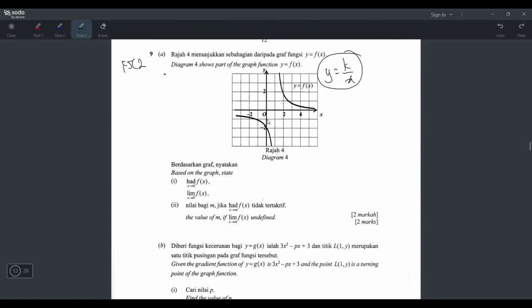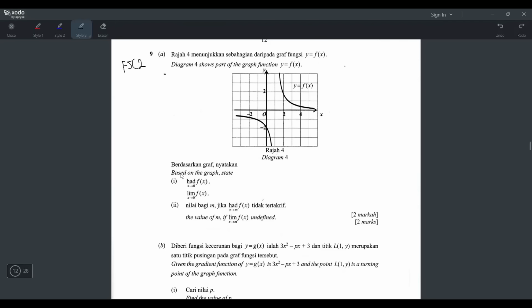But this one is undefined at 1. That means here got plus 1. I think it means that the undefined case would be 1. Okay, but it's not important. The equation is not important.